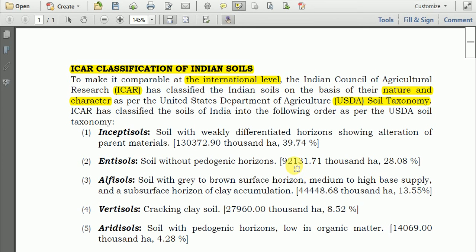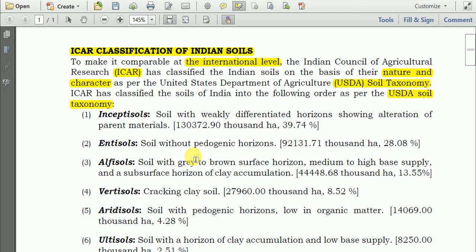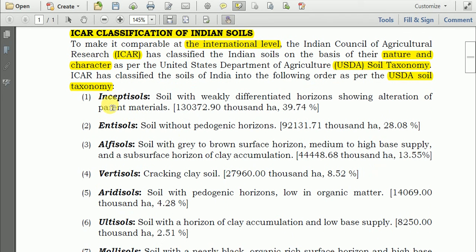ICAR has classified the soils of India into the following orders. Remember, we are following USDA soil classification. Accordingly, we find the following types of soils in India.